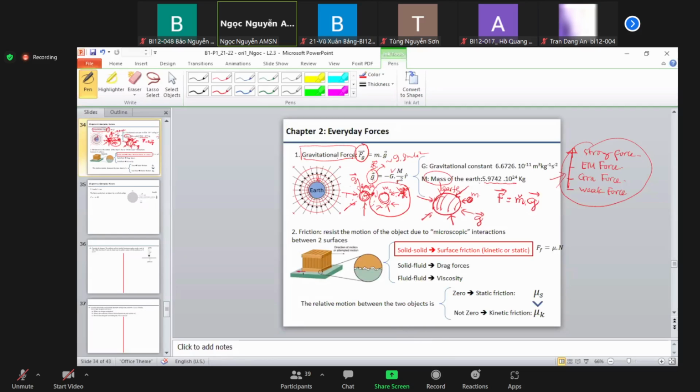That's why F here always points to the center of the Earth. So if you replace G into the function, F will equal minus G, big M multiplied by R over R squared.